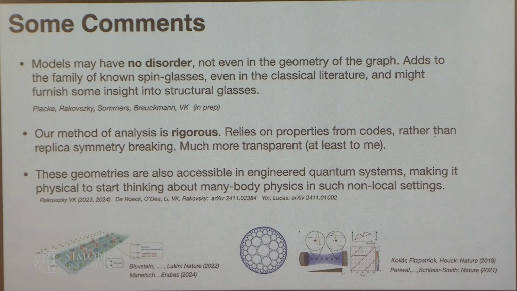Okay, for those who care about experiments, these types of non-local geometries are increasingly more accessible. So we want to start thinking about physics in these types of non-local settings. And actually, we wrote a recent paper together with Nick and Yaodong, who were in the audience.